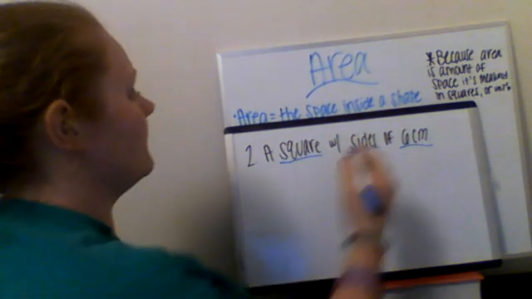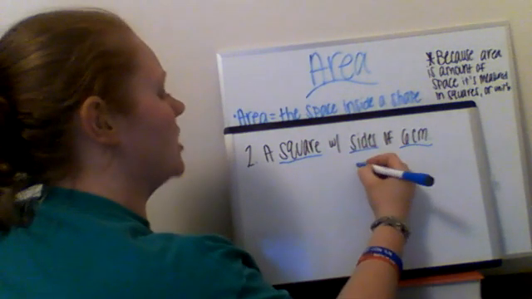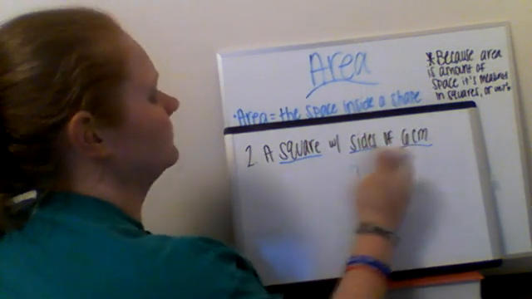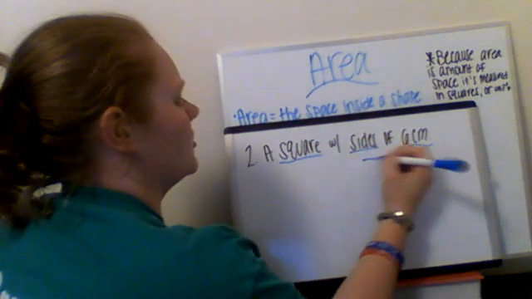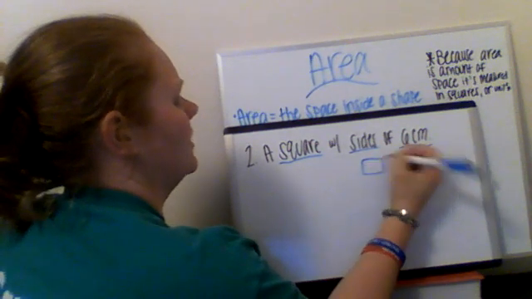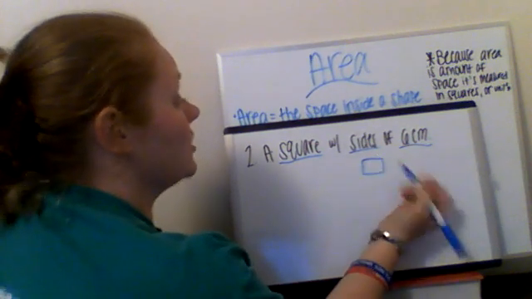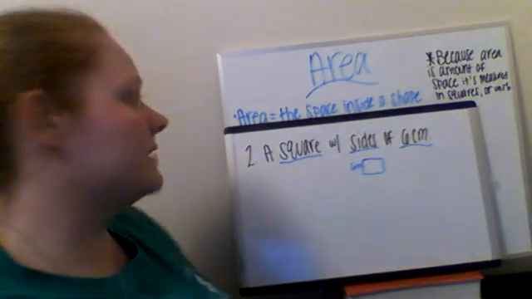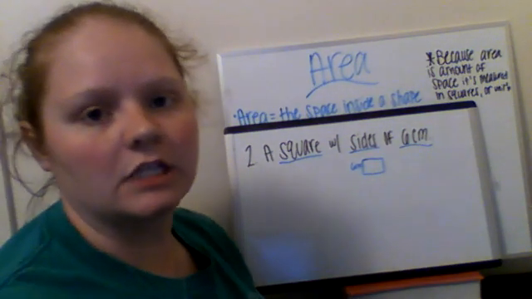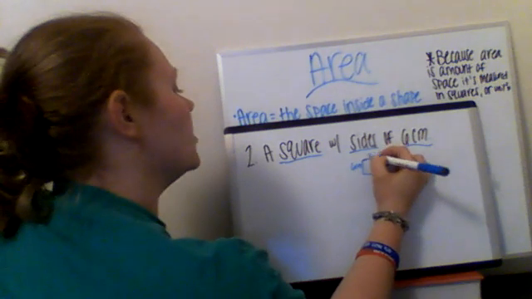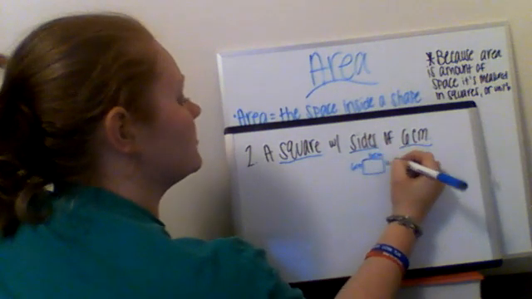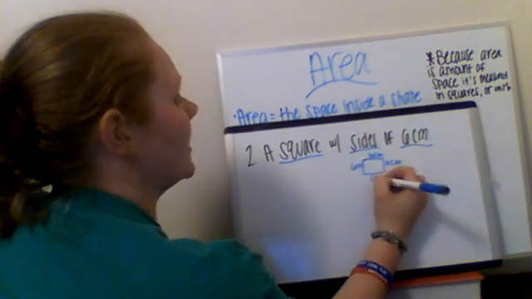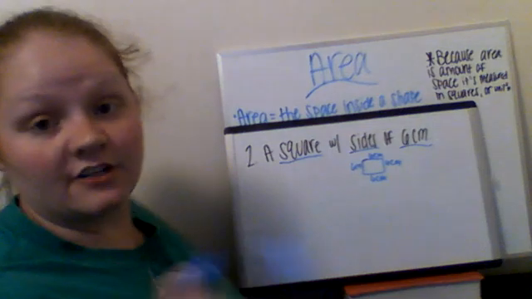If I was to represent this by a model, I'm going to draw a square, and my sides are 6 centimeters. I'm just going to do one side because I know in a square all sides are equal, so I know all these are 6 centimeters. I wrote it out just in case you needed it.